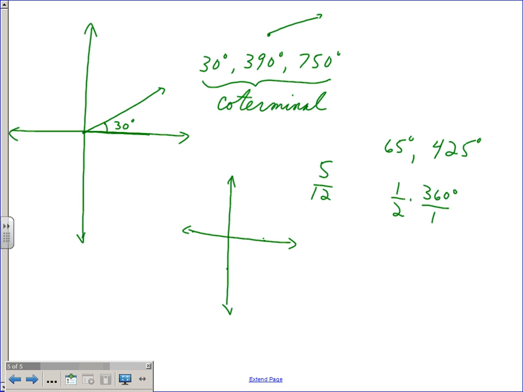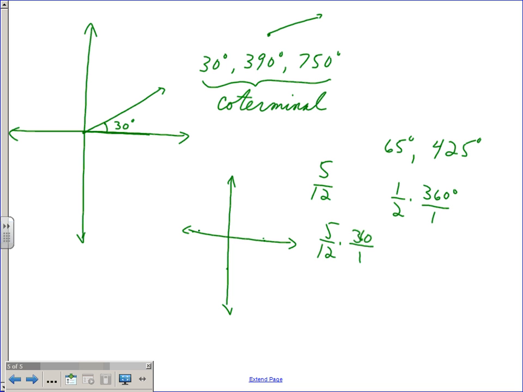A 5/12 rotation would be 5/12 times 360. Where do you think that would wind up, and how many degrees is that? And I see you guys going to your calculators. Great. 150 degrees. A 5/12 rotation would be 150 degrees.